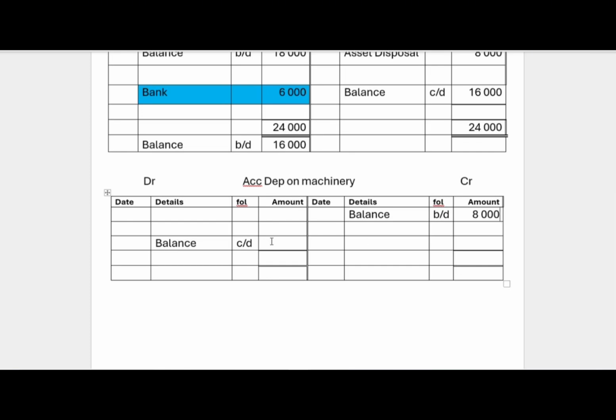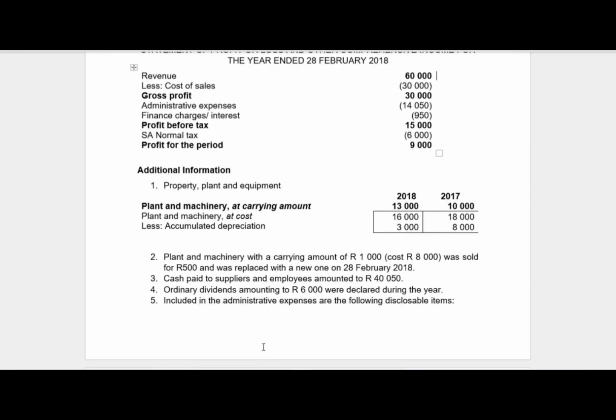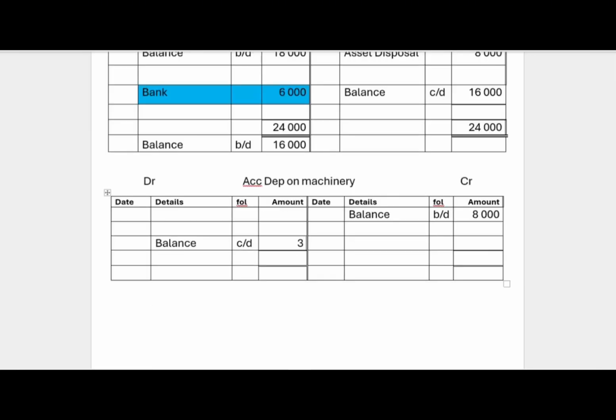All right, and then closing balance. Let's see how much our closing balance is in the question there. It's 3,000, right? So fine, let's go to the answer sheet right there. We put 3,000. Okay, and then we also have to record the accumulated depreciation of the asset disposal on this side.